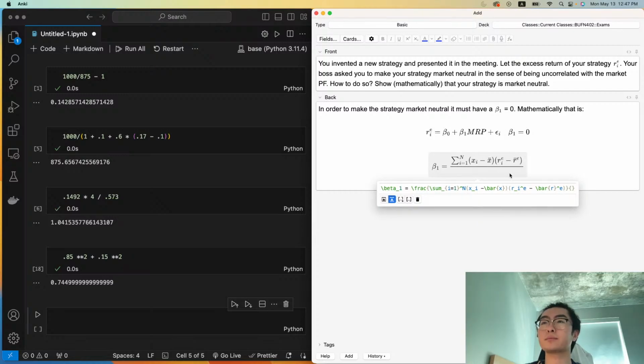So it's the product of the differences between the market returns and then the excess returns for our strategy.